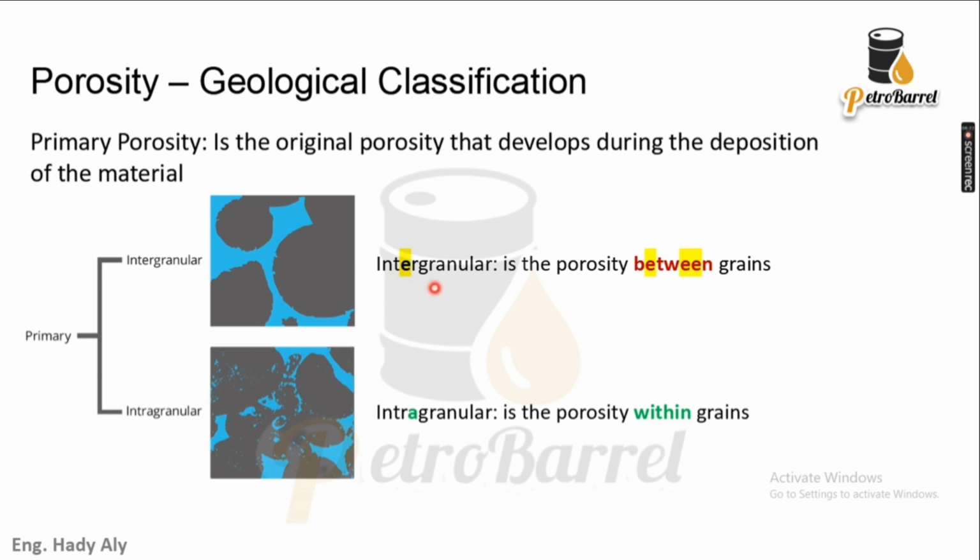So this is intergranular. On the other hand, I have intragranular porosity, which is the porosity within the grain. I have pore spaces inside the matrix itself. So this is the intragranular porosity. And those are the types of the primary porosity based on the geological classification.